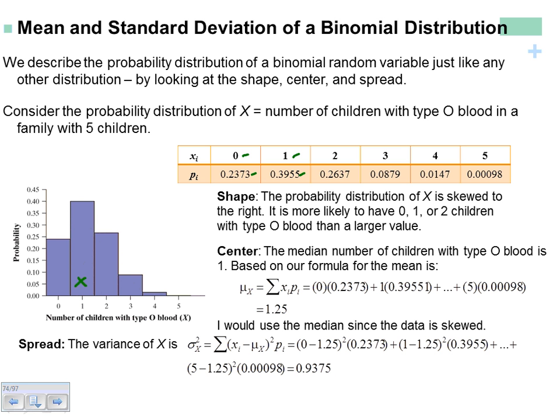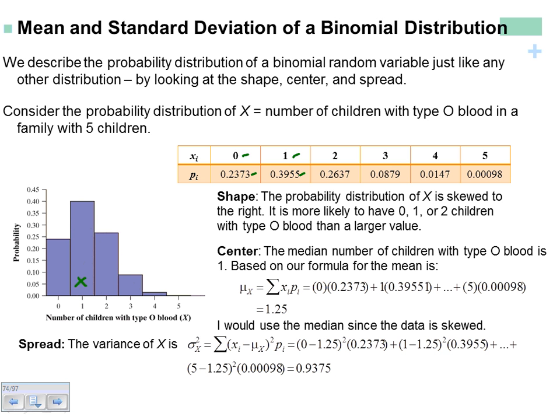And let's see. The spread. So for the spread, you could find the interquartile range. If you put all that into the one variable statistics, if you wanted to talk about the variance, then you could find the variance by doing the one variable statistics as well, or putting that all in your calculator. I'm going to go ahead and put in my list really quick.